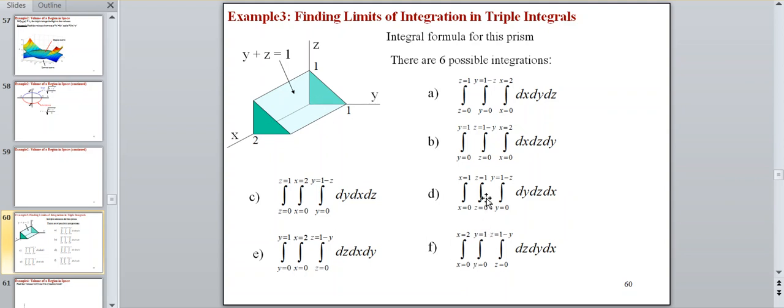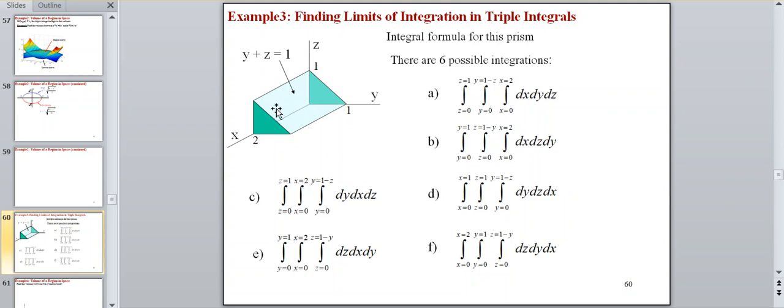Another order: we may set up this integral in the order dy, dz, dx. In this order, you are viewing y as a function of z and x. Here, if I take z to the other side, y equals 1 minus z.